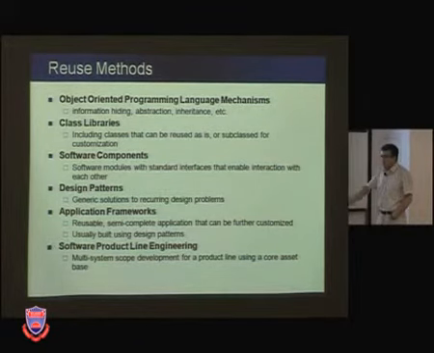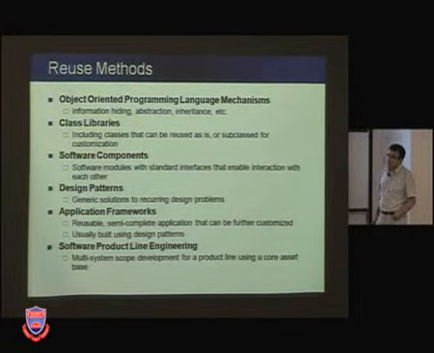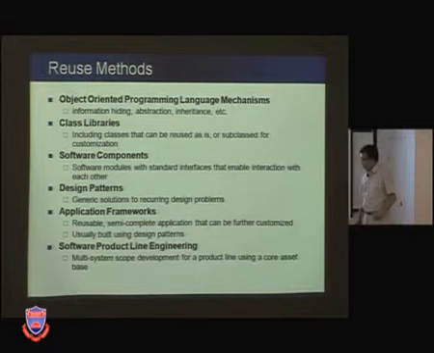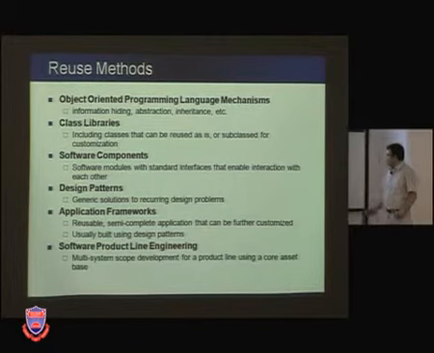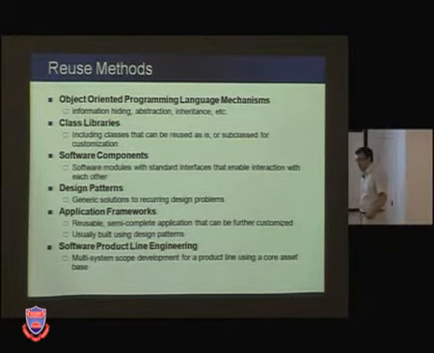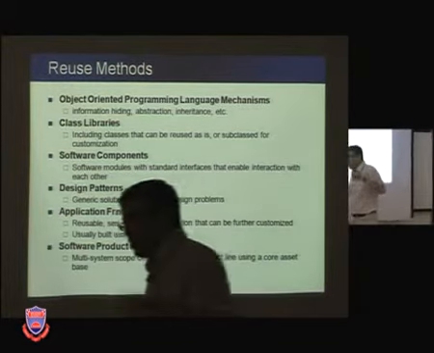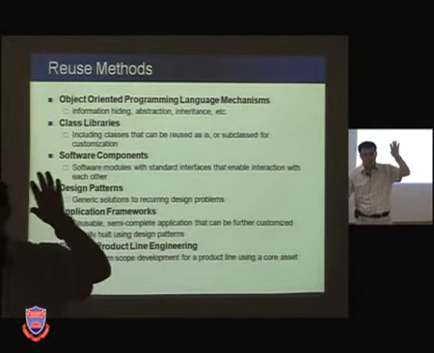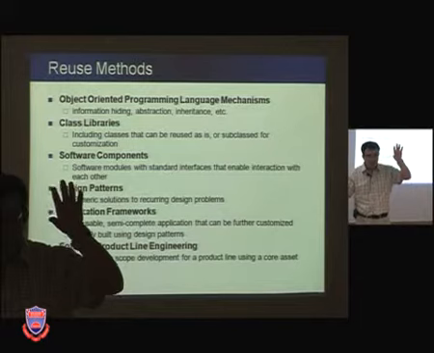A further level of reuse is the concept of software product line engineering. This was a separate course here at Bilkent. There we have multi-system scope development, where we develop applications using a common reference architecture, but also a common core asset base. Okay.